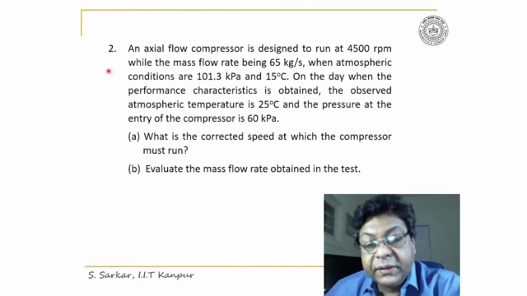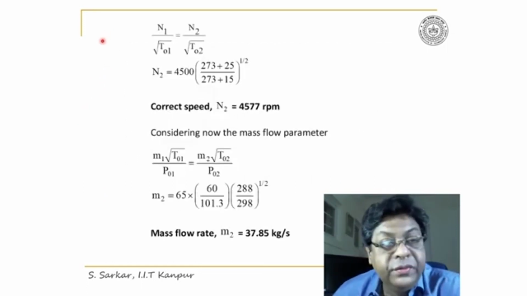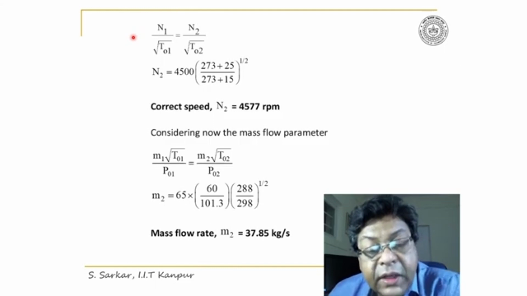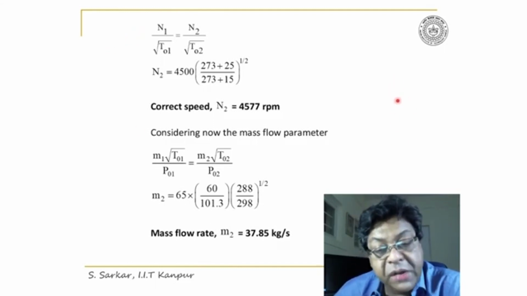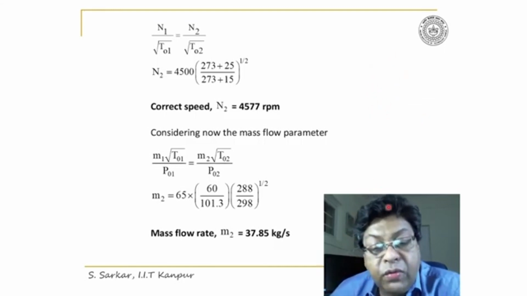Let's solve. For compressible flow, we know the representation of non-dimensional speed, which is represented as N, not truly non-dimensional. It's represented as N by root over T0.